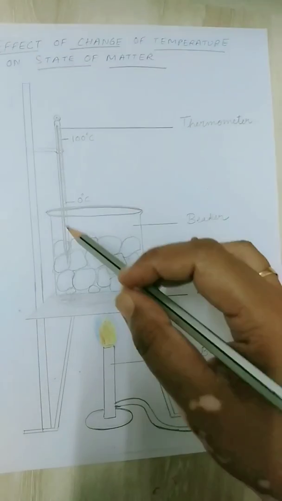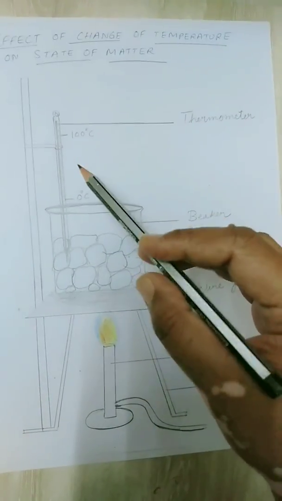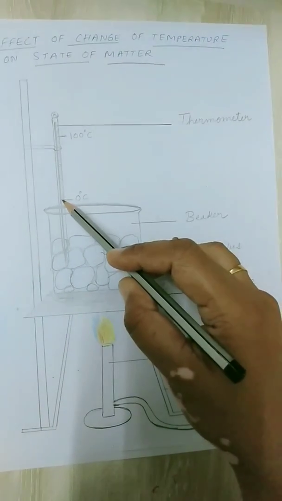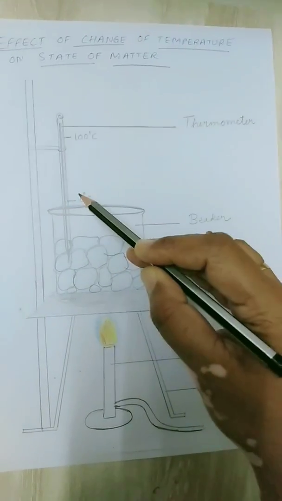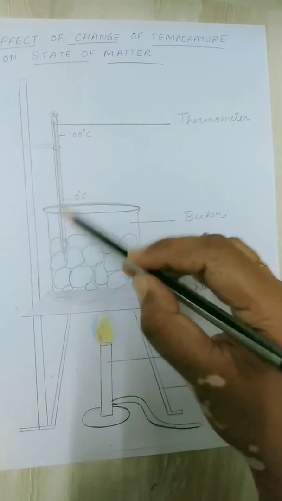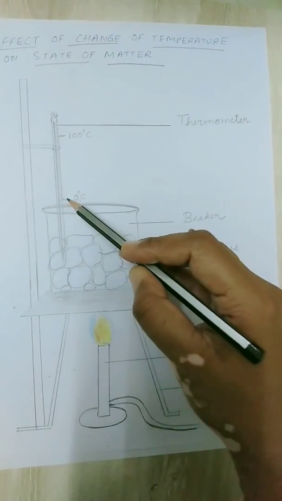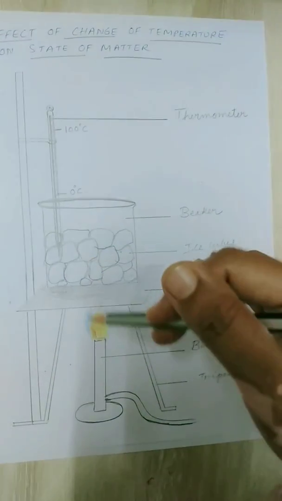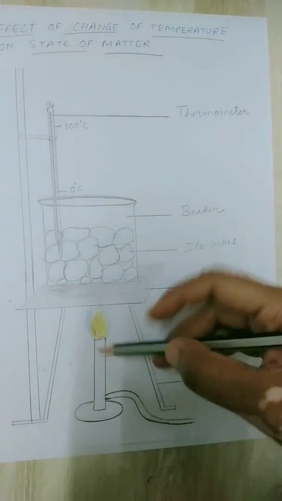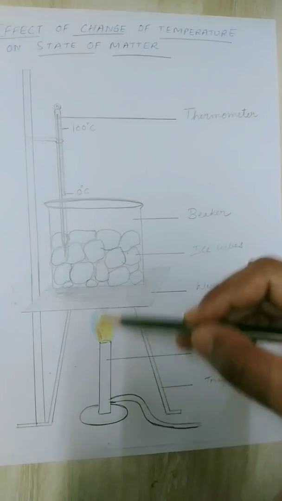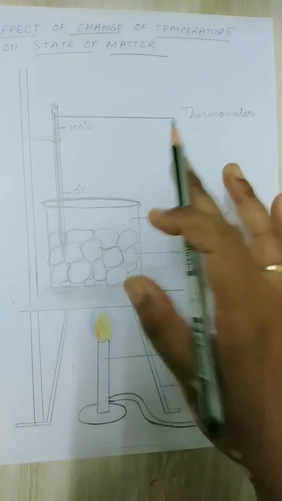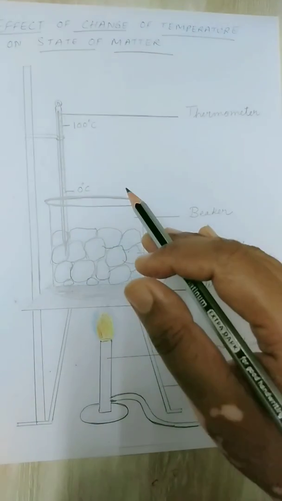But at one stage, please listen carefully children, you can see no net increase in the level of the mercury, in spite of the fact that you are continuing to supply the heat energy. The thermometer doesn't show any increase in the temperature.